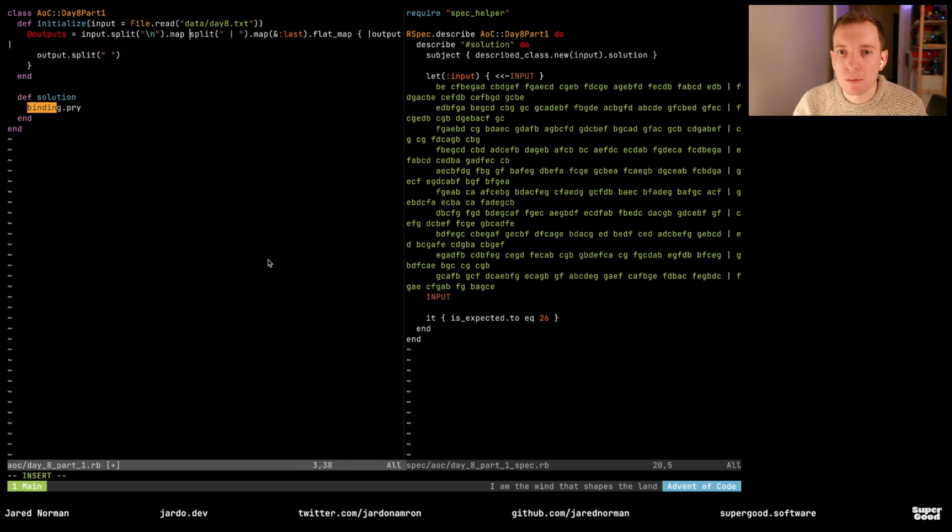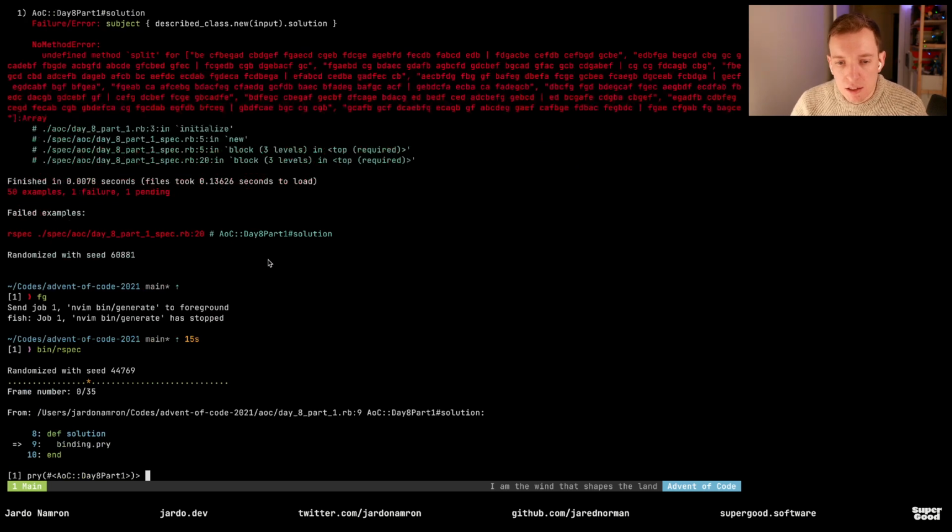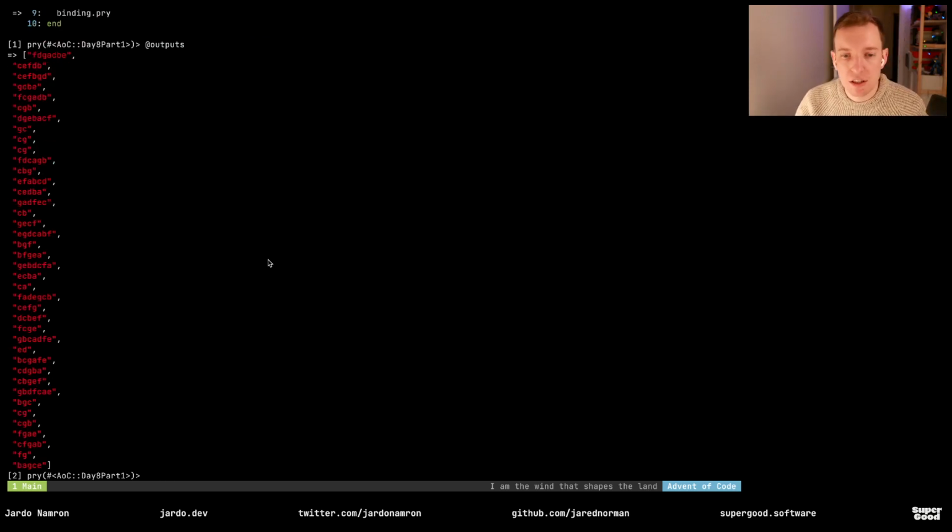So I'm meaning to map these lines and do line.split here. And since we're already mapping, we might as well call last here. Okay. So this gives us all our output digits.